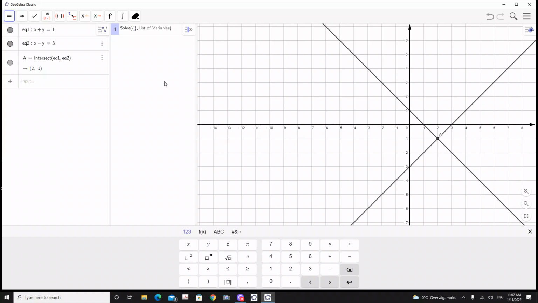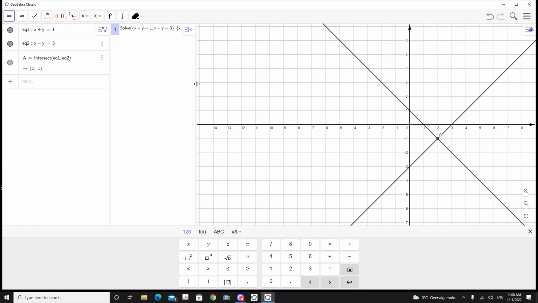So for the list of equations, I have x plus y equals 1, comma, separating the elements of my list, and then x minus y equals 3. Then for the next part I write the list of my variables. So I again open curly brackets, since GeoGebra always uses curly brackets for lists, and then I have my variables, x and y.